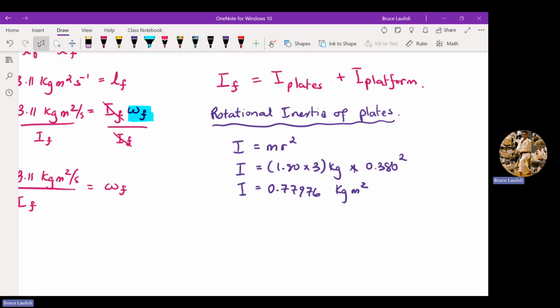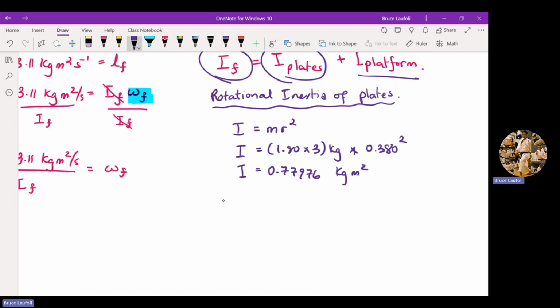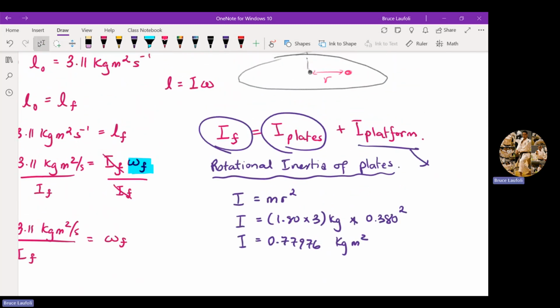But we need to understand that that's the plates only. We need to add it to the rotational inertia of the platform so that we can get the rotational inertia of the system overall. They gave this to us in the beginning.